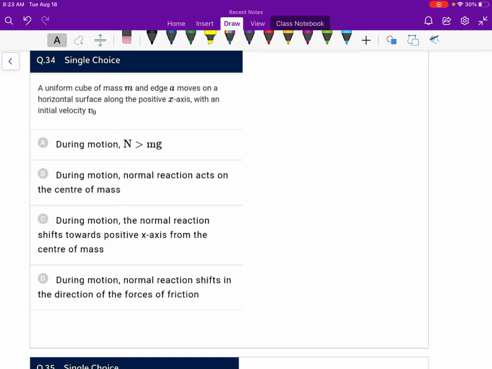A uniform cube of mass m and edge length A moves on a horizontal surface along the positive x-axis with initial velocity v0. So this uniform cube moves in the positive x direction with initial velocity v0.